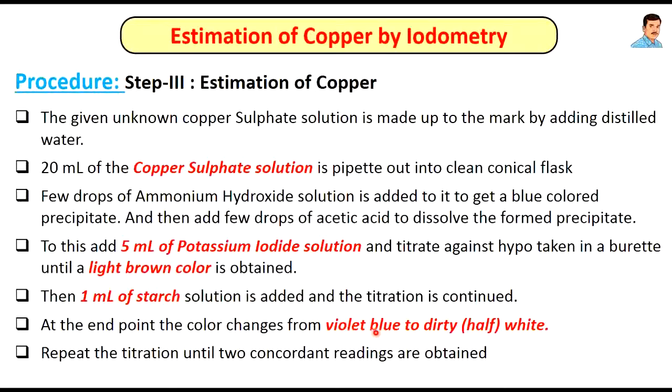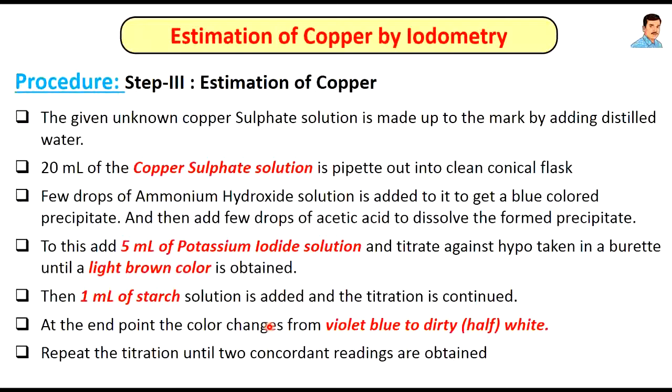Now continue the titration with hypo solution from the burette until the color is changed from violet blue to dirty white or half white color. Stop the titration and then note down the burette readings. Repeat this titration until two concordant readings are obtained. This is step 3, estimation of copper.